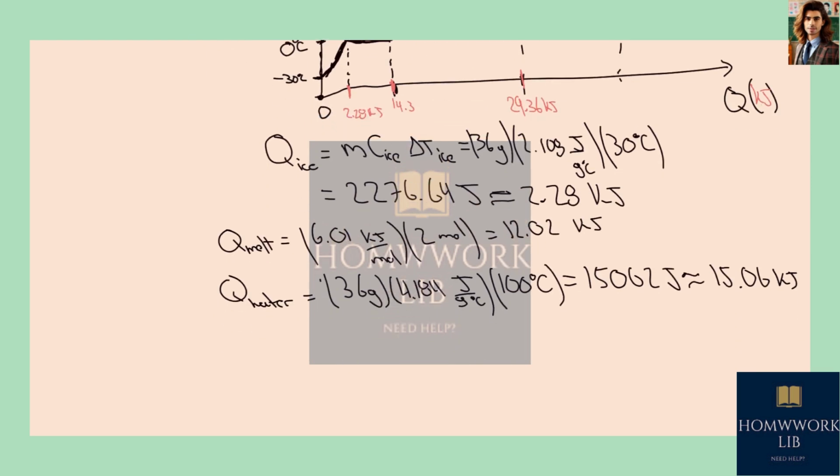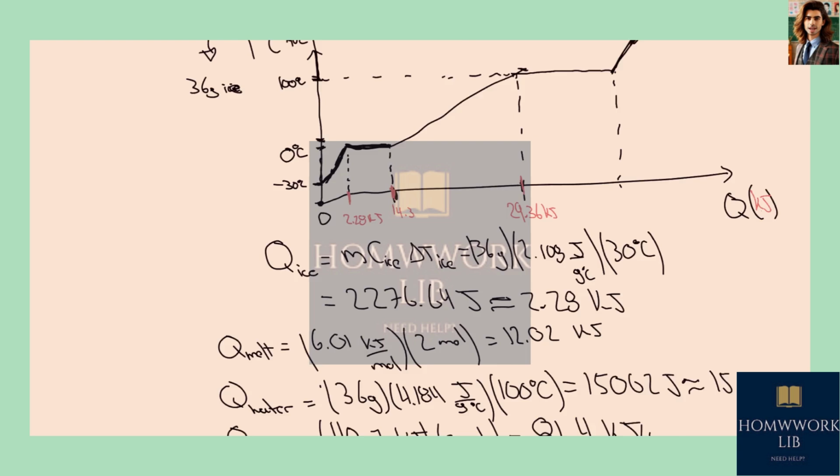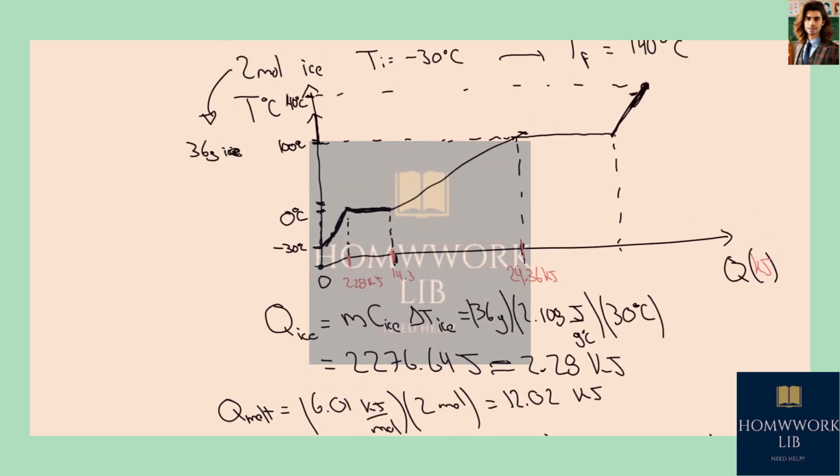Next, the heat required for the vaporization of water. This is going to be 40.7 kilojoules per mole multiplied by 2 moles. So now in this case, we're going to have 81.4 kilojoules. Thus, our next label over here should be way more to the right, but here for sake of space, I'm just going to put the value.